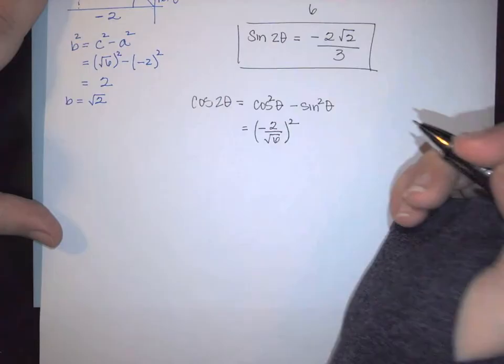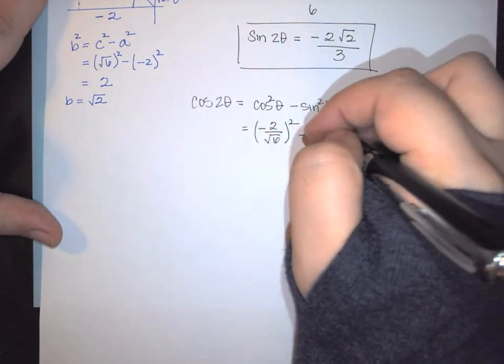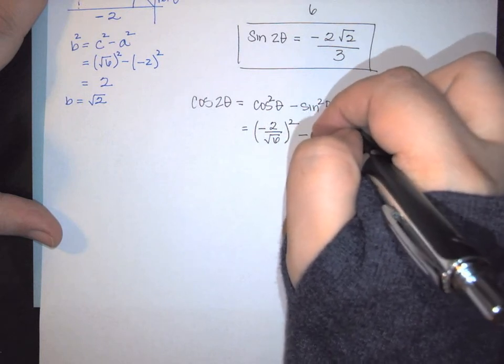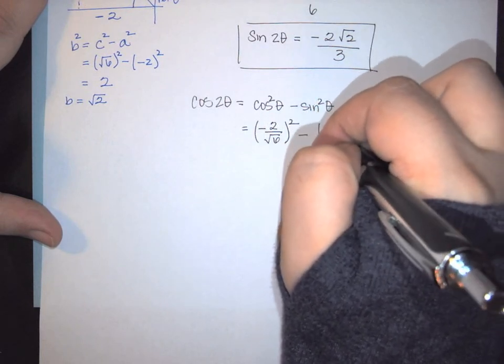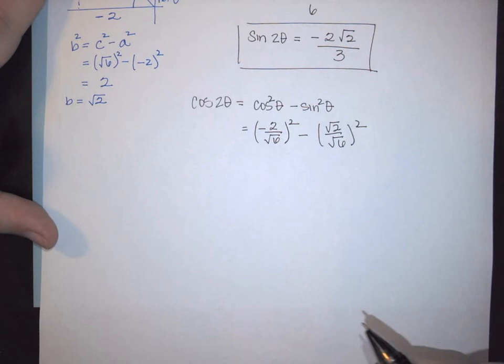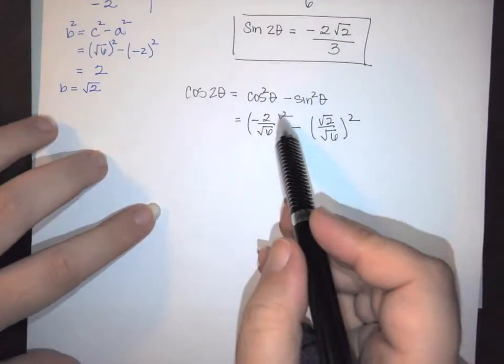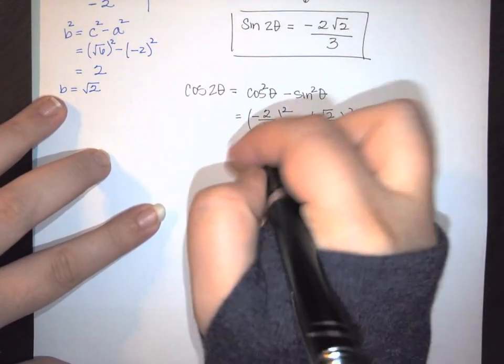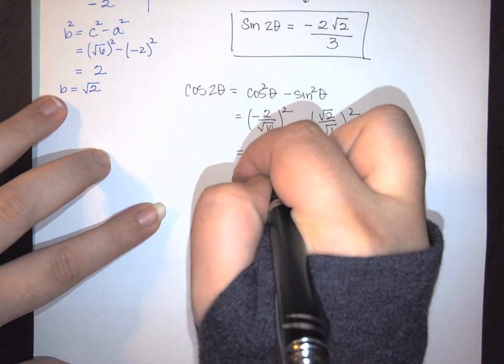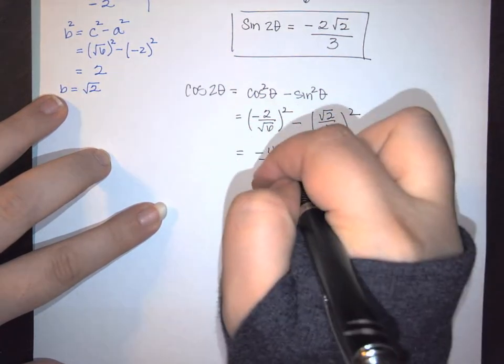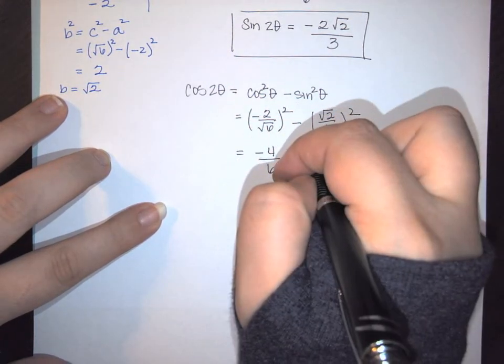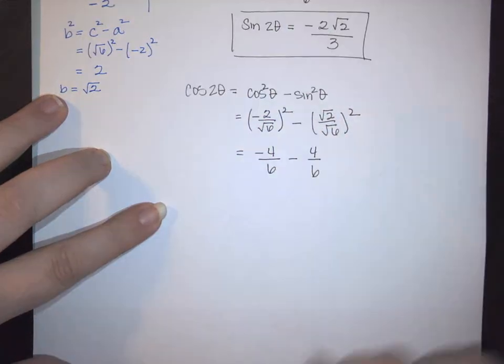This time we're going to square it. And then minus your sine, square root of 2 over the square root of 6, and square it. So in this case, when we square your top, you're going to have negative 4 over 6. We're going to subtract out 4 over 6.